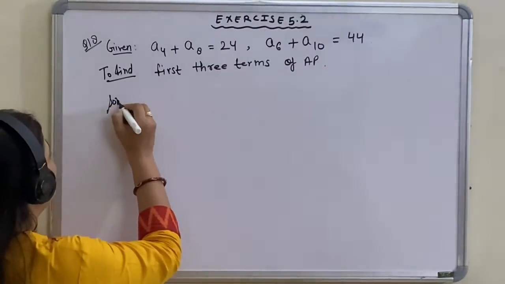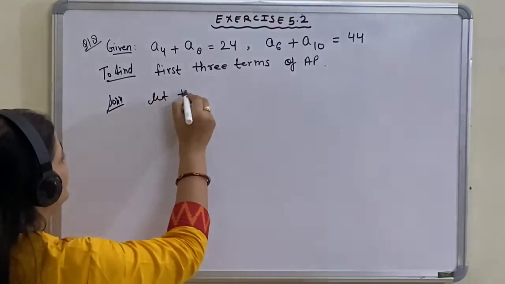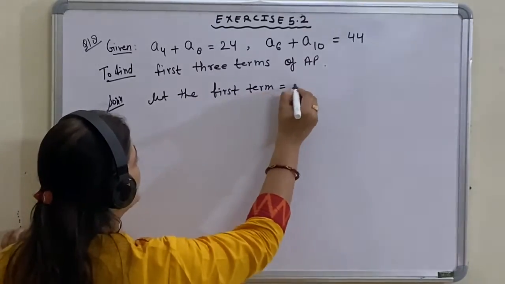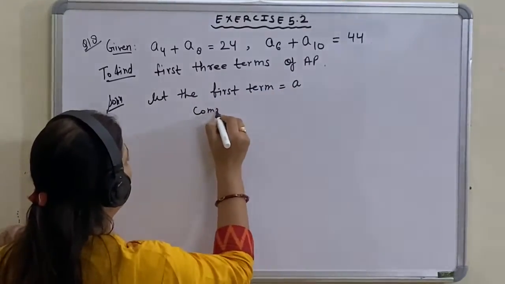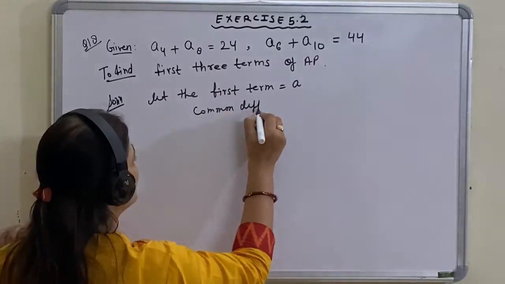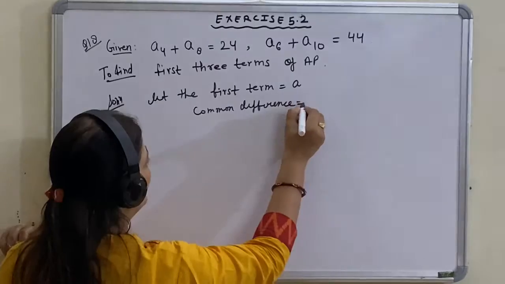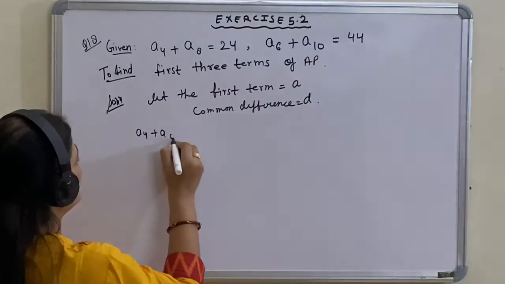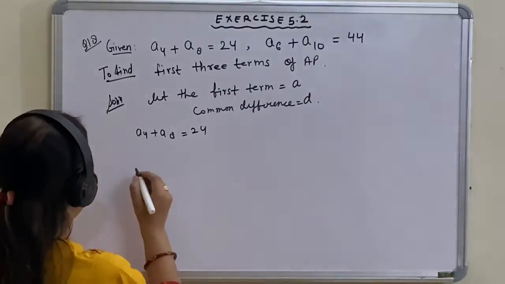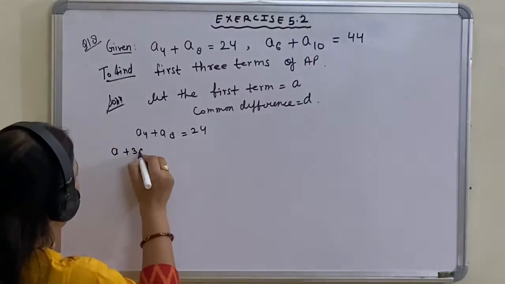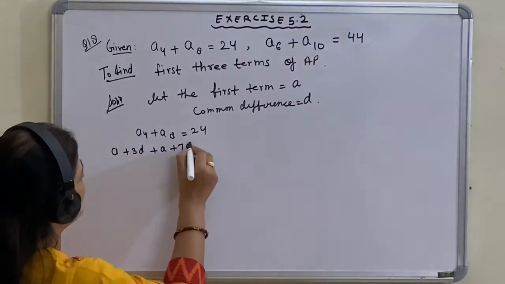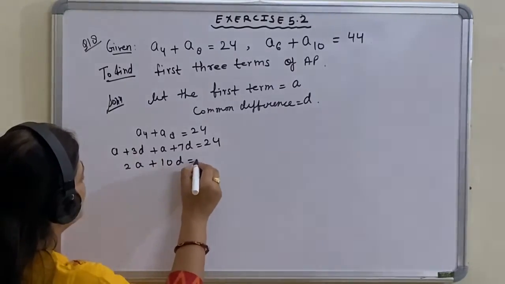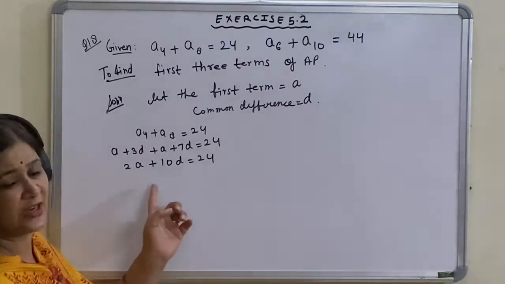So let the first term be A and common difference D. So A4 plus A8 is equal to 24. We can write A plus 3D plus A plus 7D is equal to 24. It will be 2A plus 10D is equal to 24.